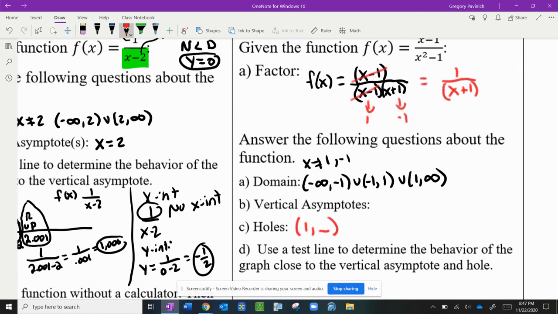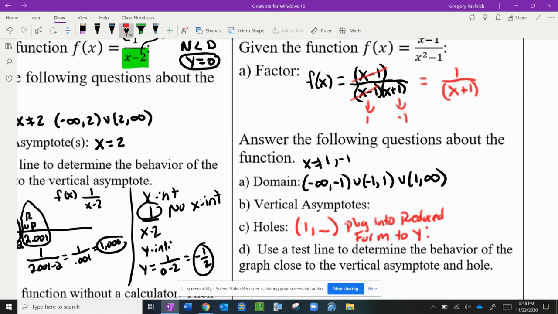Because I know if I plug 1 into this function, I'm going to get a 0 in the denominator, right? So how do we find out what the y value of the hole is? You're going to plug it into the reduced form. Remember, it reduced with the factor in the numerator, which caused it to be a hole.